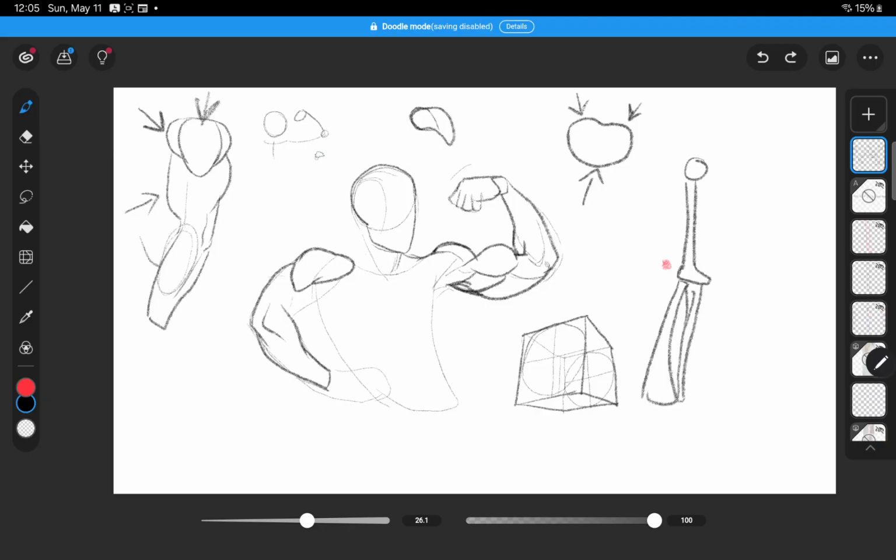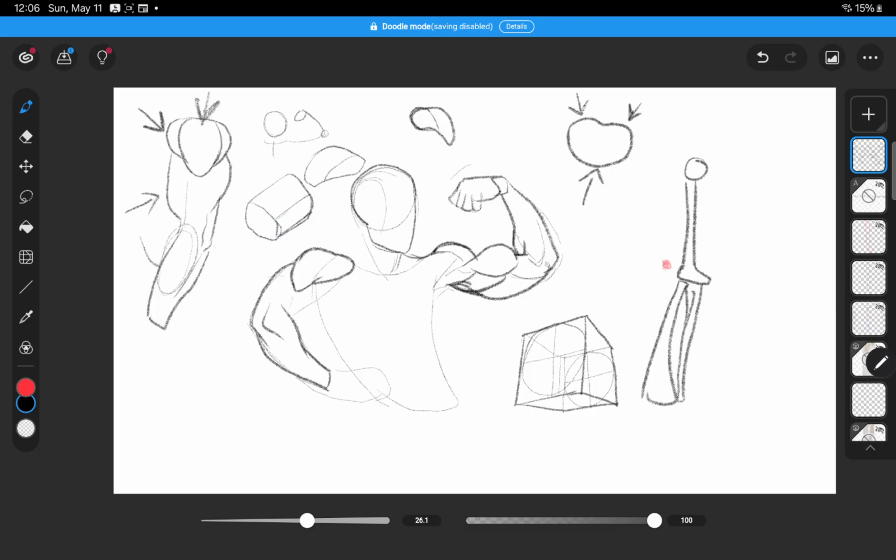So if I were to simplify this, it'd be something like that, and then come down like that.